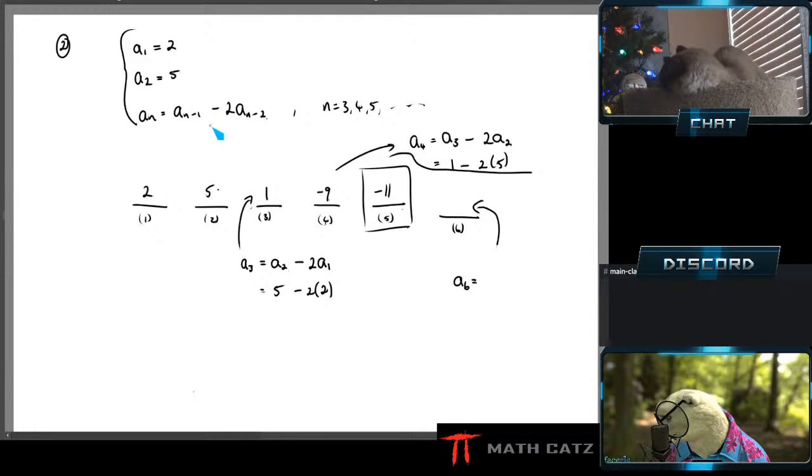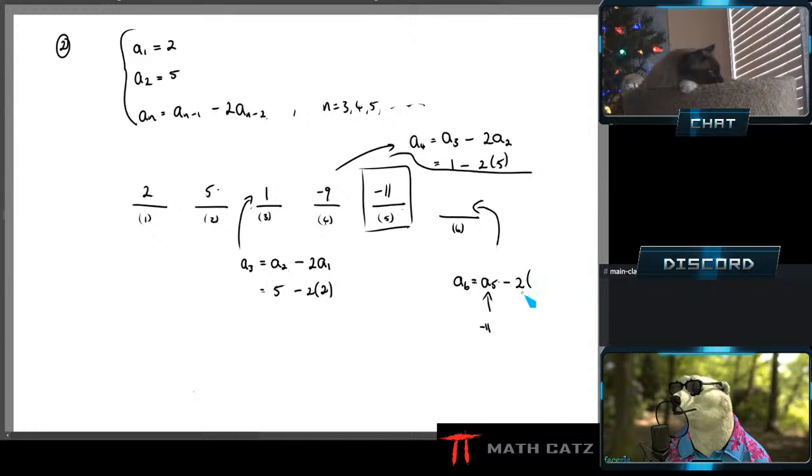This tells me how to do it, regardless of what my n is. Right now it's 6. I need to find a5, which is one position less than where I'm at, which is going to be negative 11.